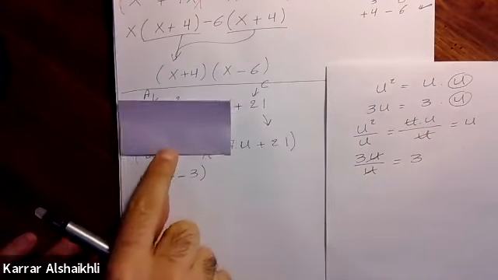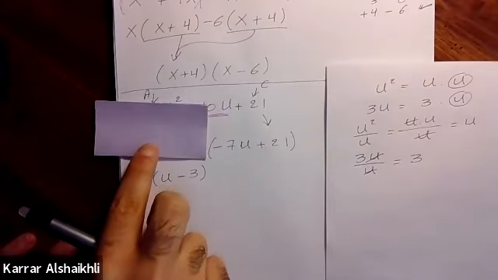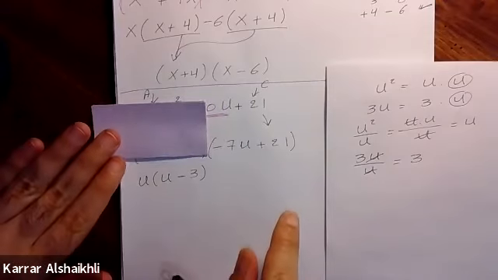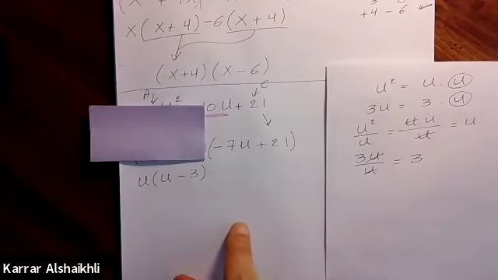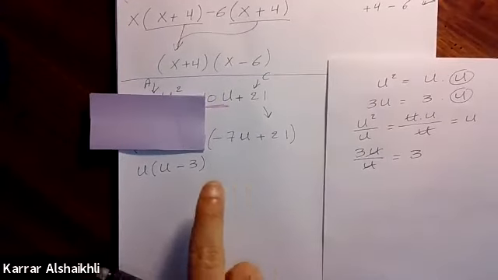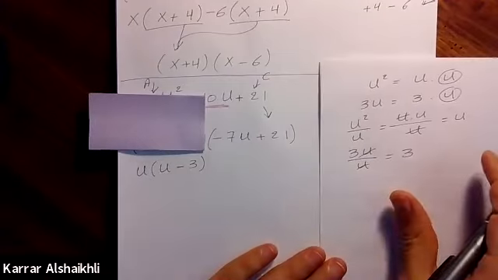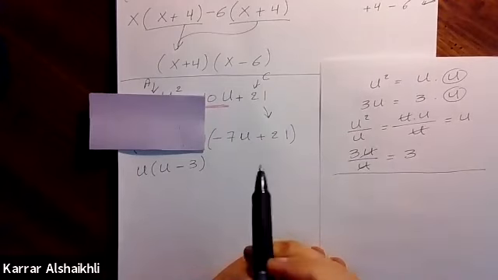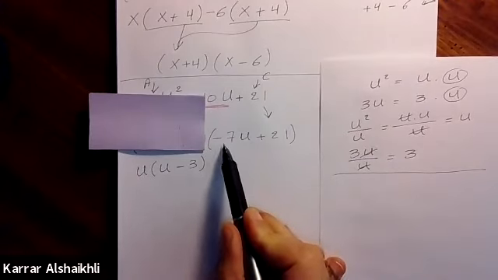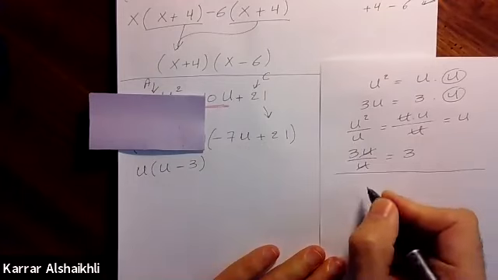Let's go ahead and cover the first one, and work on the second one. This is really important. We're going to solve a lot of examples like this, and I'm going to tell you what to do. Now, what's the common factor between 7u and 21?